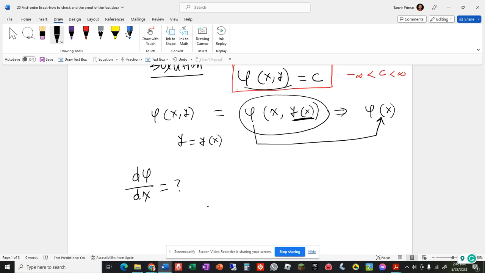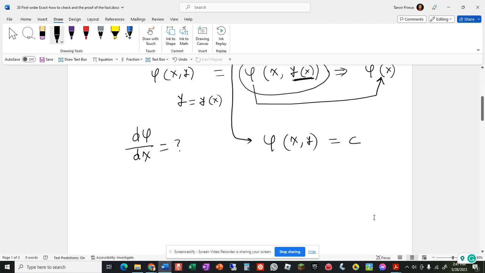Okay, so let's come back to this equation here. Let's try to find that. So let's take the derivative of both sides with respect to x.